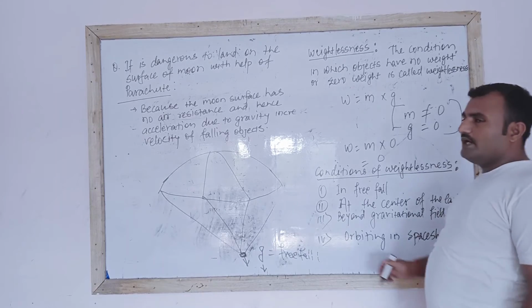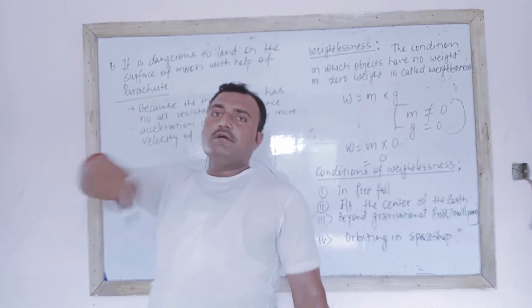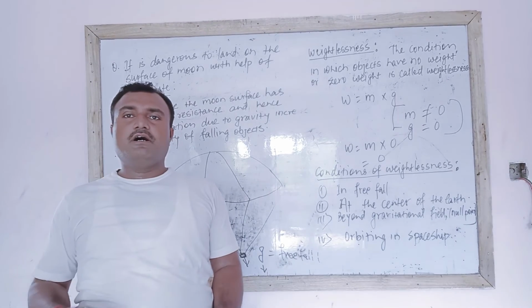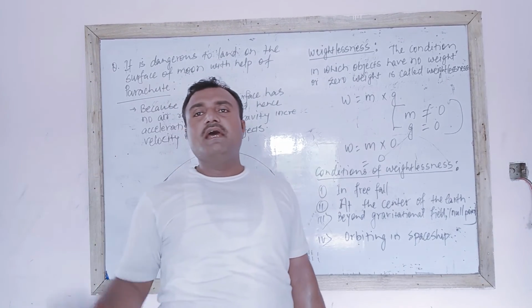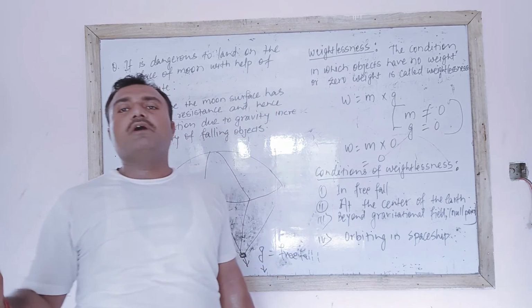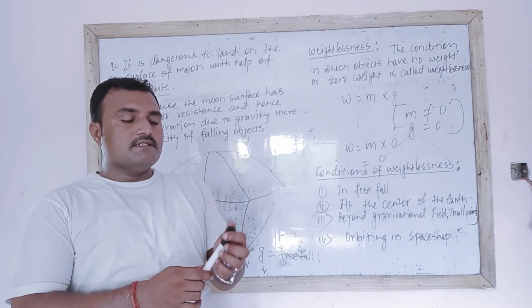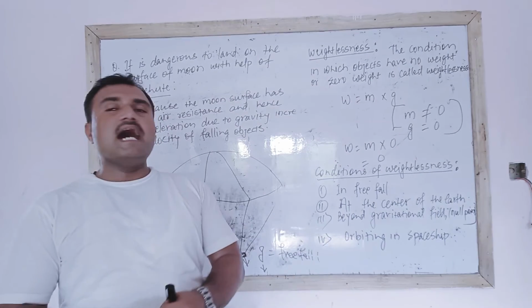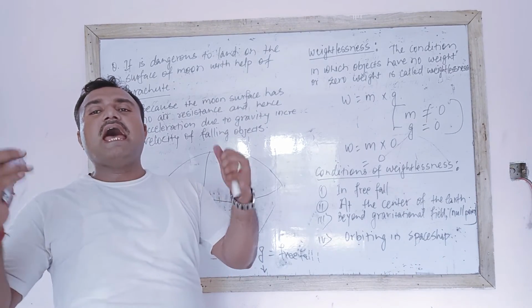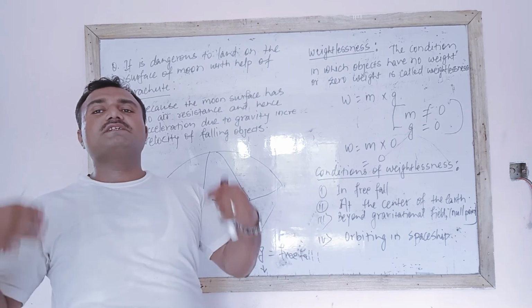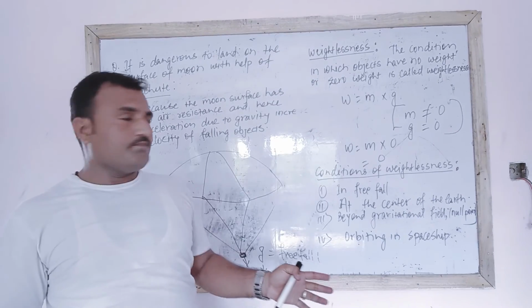In space, when an object revolves around the earth or a heavenly body, acceleration due to gravity acting on it is 0, or it feels like it's 0. These are the conditions of weightlessness, in which an object feels completely weightless.